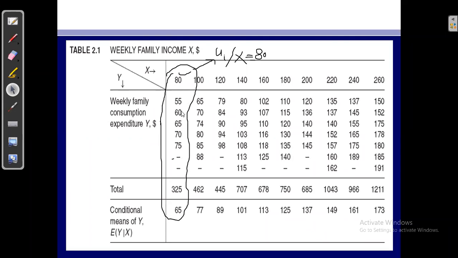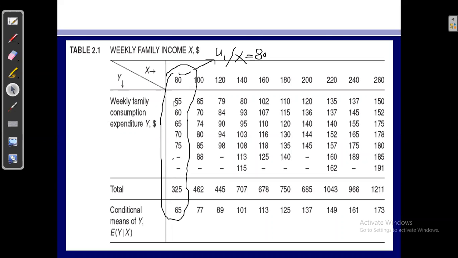If you want to get the mean of those 5 values of the ui, if you add them up and divide by 5, what you will get? 0. So the mean of the disturbance term corresponding to x equal to 80 would be 0.